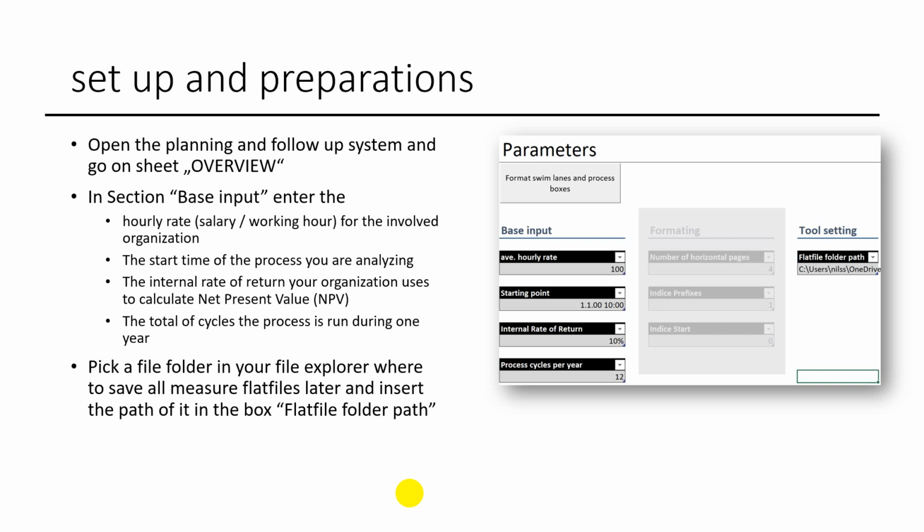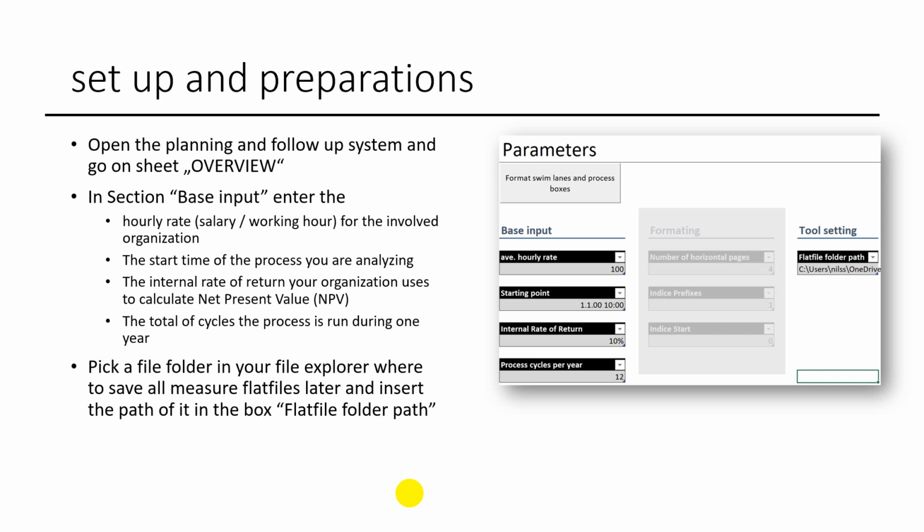Second is the starting point. The tool has the functionality of setting up a Gantt chart. So if you want to see how the process looks for a certain starting point, you will be required to put in a starting point for a whole process.